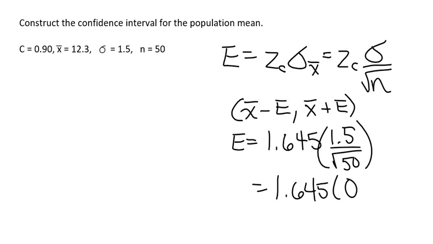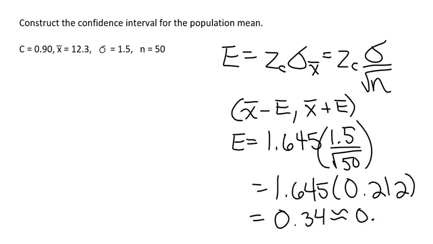This calculation here is 0.212. And this is equal to 0.34, which is approximately equal to 0.3. The reason that I rounded it to the nearest tenth was because I looked at my x bar and rounded it according to the same decimal points as in your average.